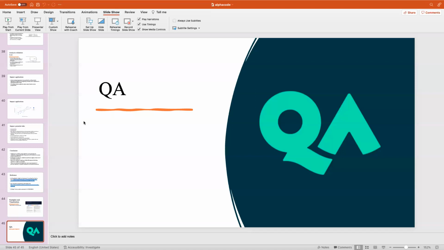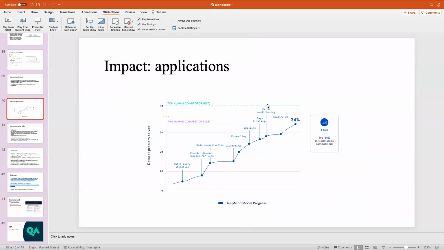Yeah, I totally agree. I also think the performance and impact of AlphaCode is very limited, since the performance is not that satisfying. I guess it's because the task is difficult, but it's still a long way from real-world application of AlphaCode in daily life.